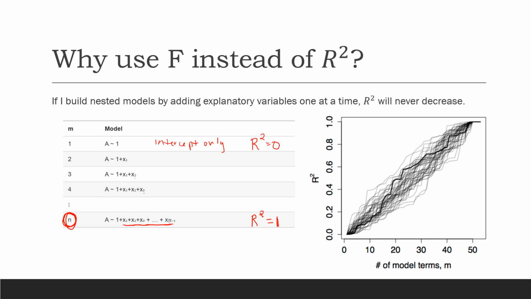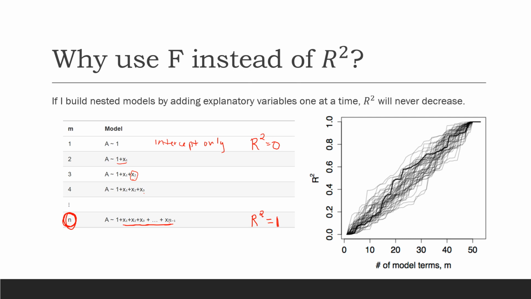So my r squared will be 1. And as we can see, if I keep adding more variables to the model, I can never explain less variability than I had in the previously nested model. So if I build nested models adding explanatory variables one at a time, this r squared value will never decrease.